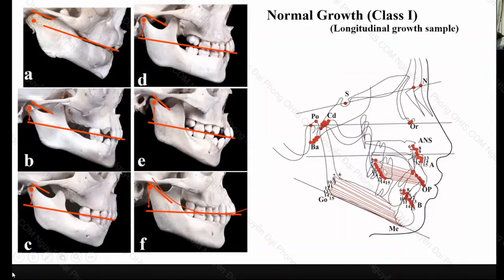The posterior part of the occlusal plane is slowly going down.